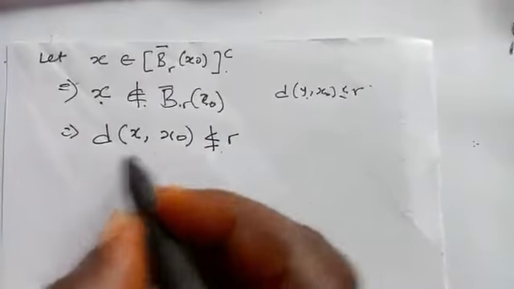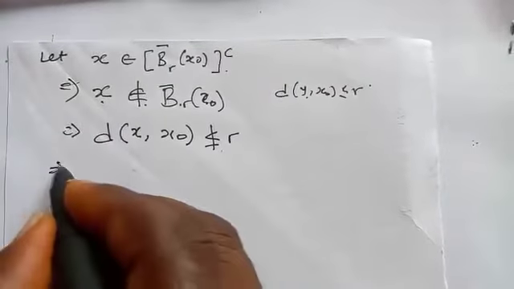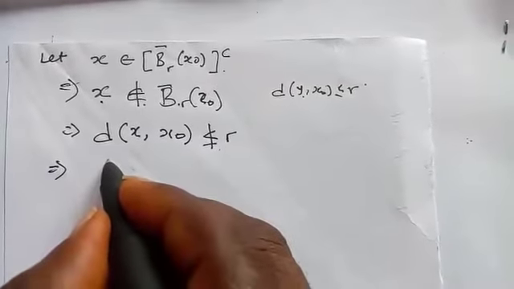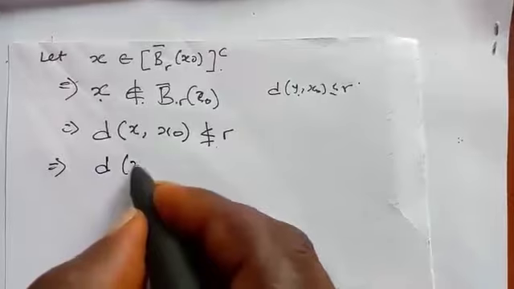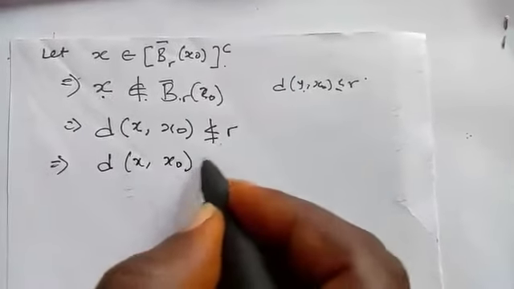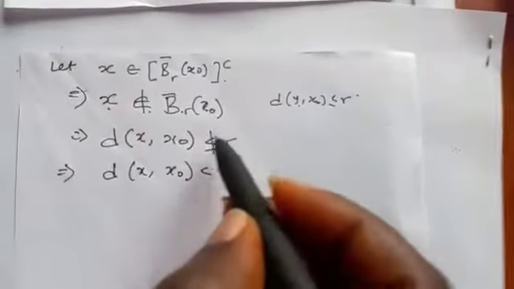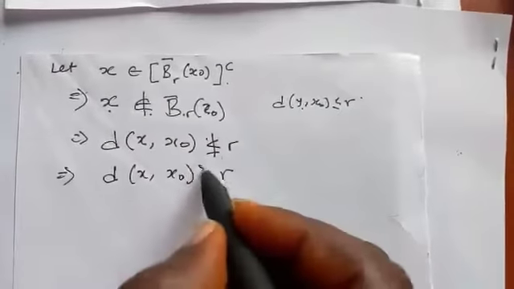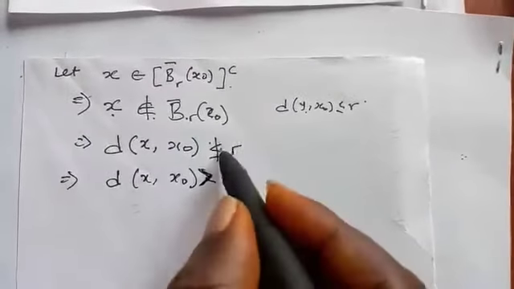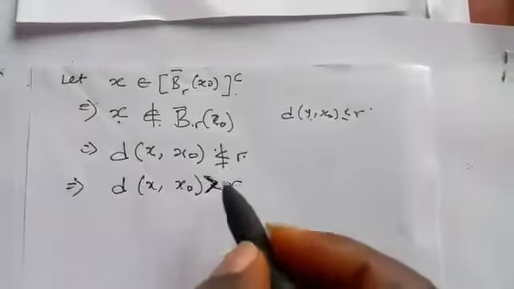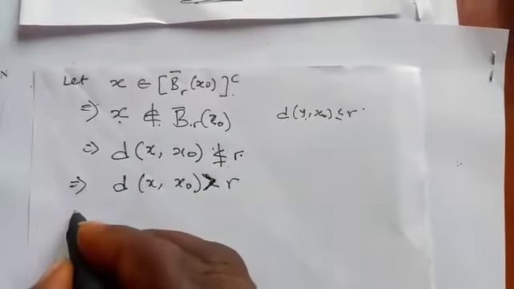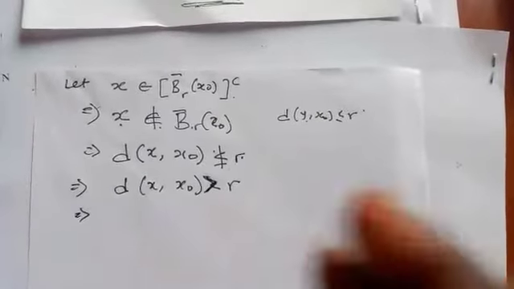And if this is not less than or equal to R, what will happen is that d(S, S0) must be greater than R, because it is not less than and it's not equal to.